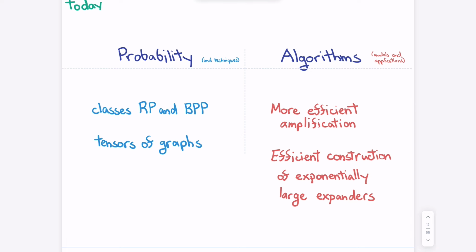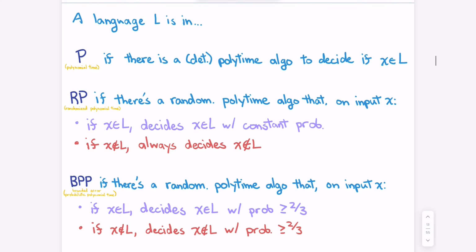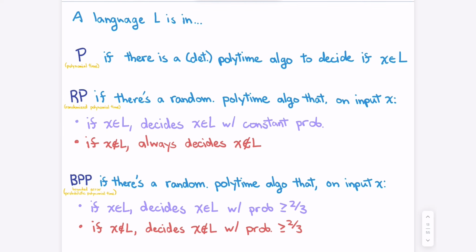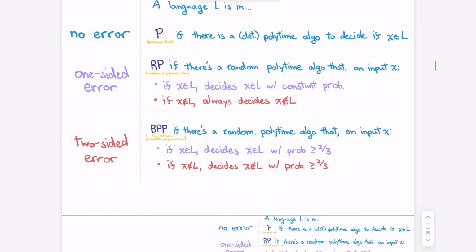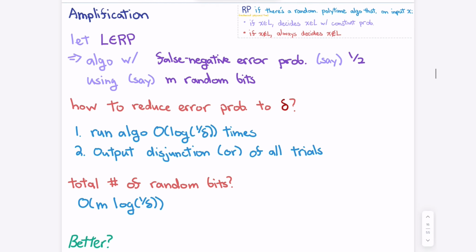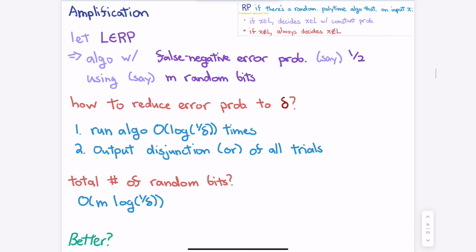So we're going to build off that today. Just to remind us, RP refers to polynomial time things with one-sided error. BPP is two-sided error. If you have a problem with one-sided error, then to reduce the error, the simple thing is like what we did with count min. We just repeat, and see if any of them answers yes.